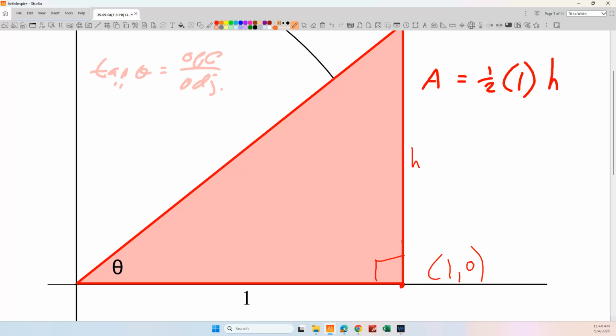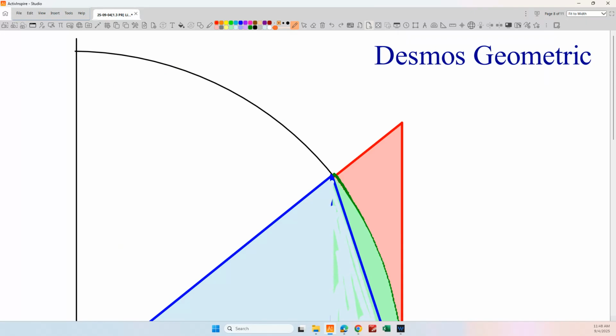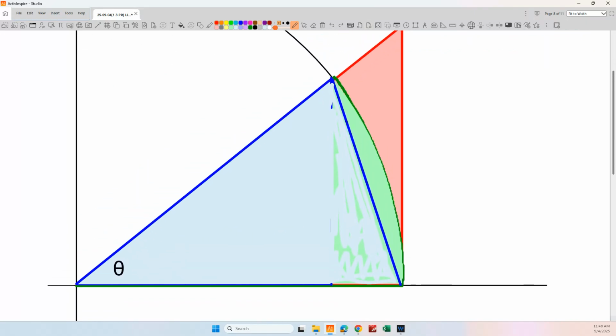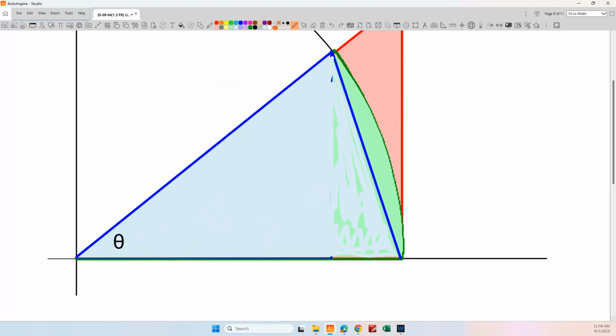So tangent theta equals h over 1, which is just h. Aha. So now we have area equals 1/2 h times tangent theta, which is the same thing as tangent theta over 2. Good. So now we've got some ordered areas, smallest to biggest: blue, green, red. And we know what those are.